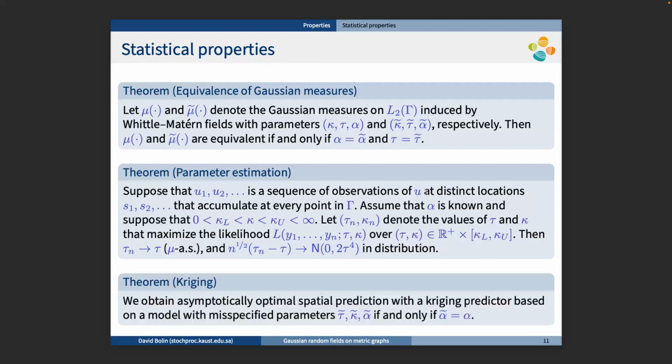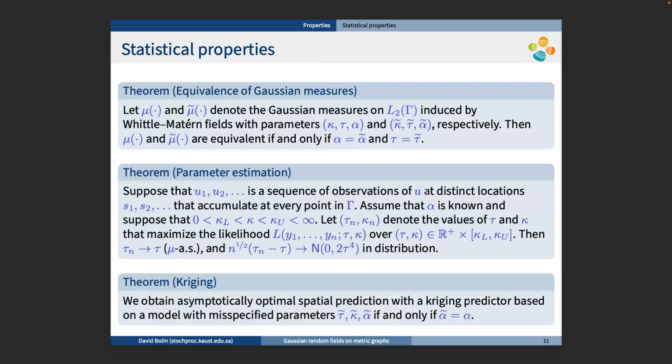Finally, we can also say something about predictive accuracy of these models. So, as soon as you see this result that you cannot estimate all parameters consistently, you might be worried, because if you use this model for prediction, then typically what you do in applied problems is that you fit this model to data, so you estimate the parameters, and then based on these estimated parameters, you infer the values of this process at unobserved locations. And if you estimate the parameters first, then this kind of optimal prediction that you make will depend on the parameters.